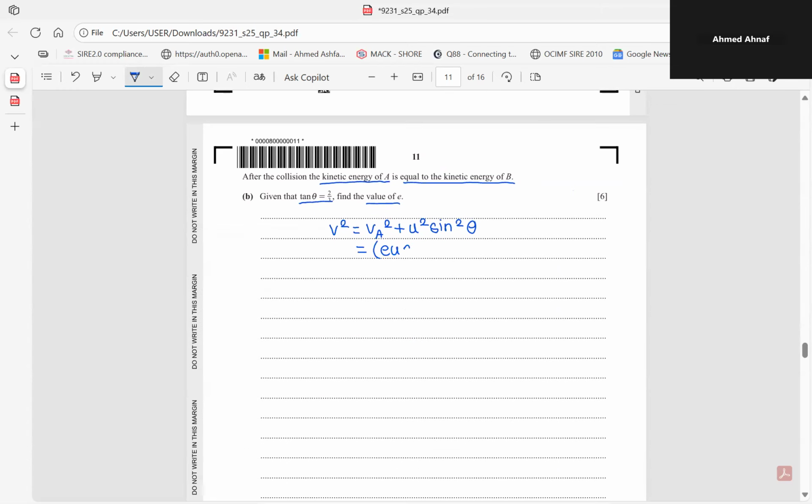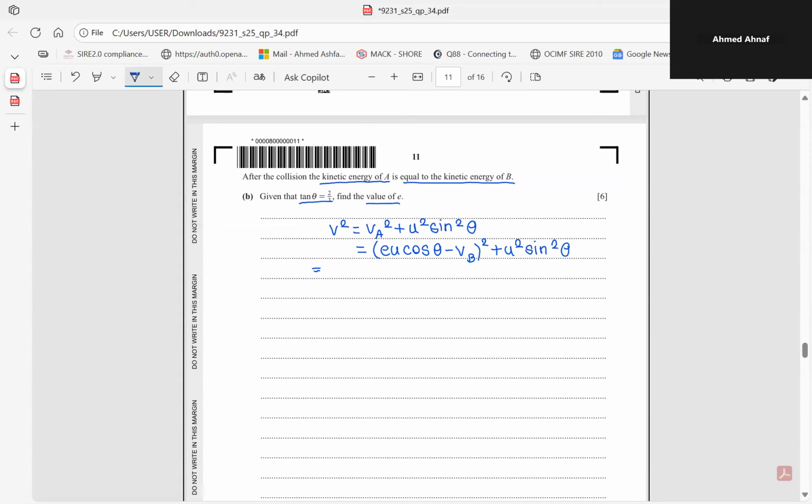So (e u cos theta minus VB) squared plus u squared sine squared. Let's expand this one. You get e squared u squared cos squared theta minus 2 VB e u cos theta plus VB squared plus u squared sine squared theta.